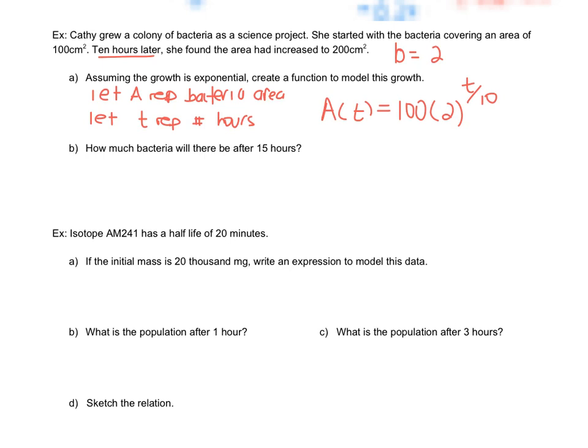Now we can answer our follow-up question. How many bacteria will there be after 15 hours, or the bacteria area? So that means we are doing A at 15. And notice it is in hours, so it's okay for us to just put 15 in for t. So 2 to the power of 15 over 10. And now you can go to your calculator and plug this in.